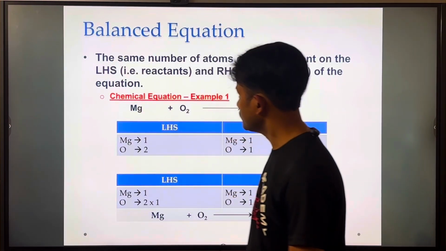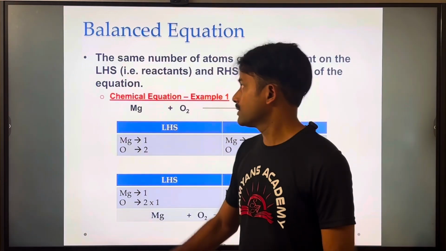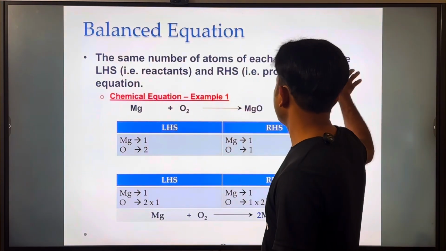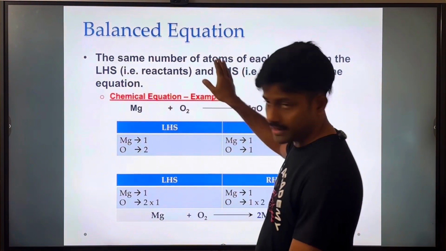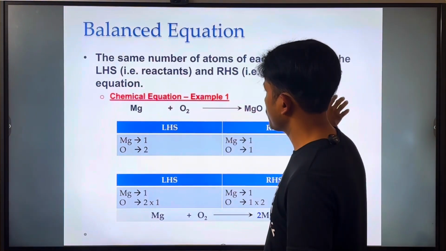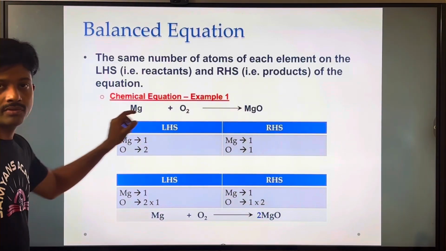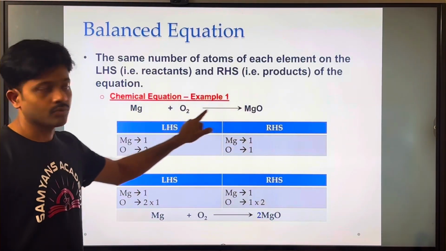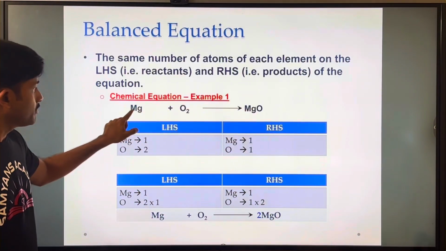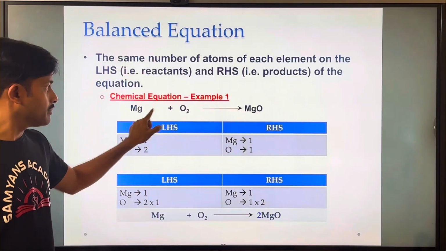Now, what is a balanced equation? The same number of atoms of each element on the left hand side, or reactant side, and the right hand side, or product side, of the equation is called a balanced equation. In this chemical equation we have Mg plus O2 gives MgO. Magnesium has one atom on the left and one on the right. Oxygen has two atoms on the left and only one on the right.